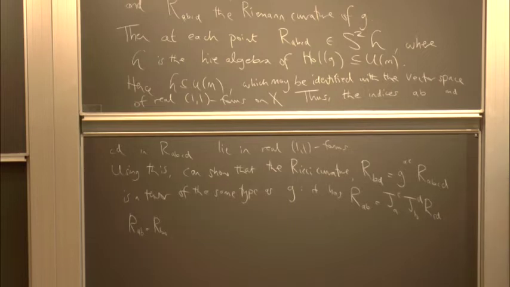So as for Kähler forms, we can define a 2-form rho by rho_ac = J^ab R_bc, which is called the Ricci form.